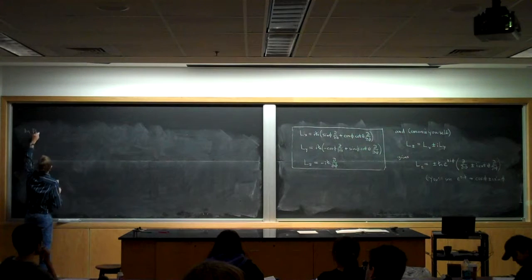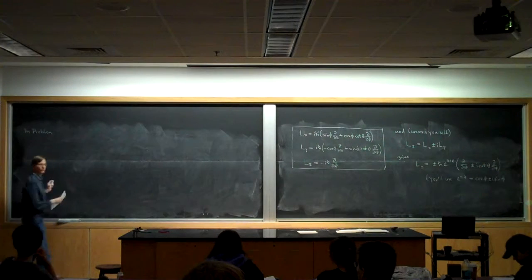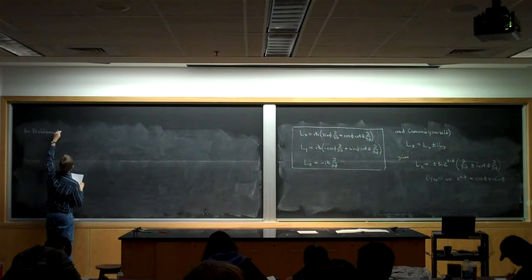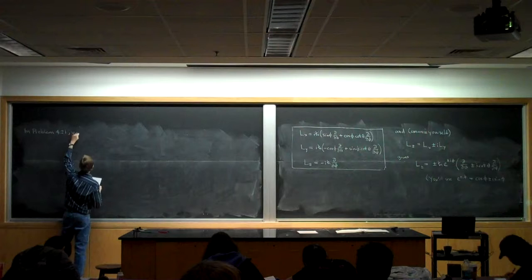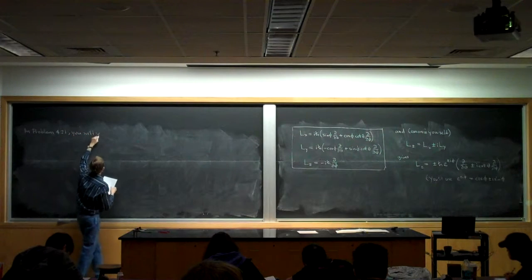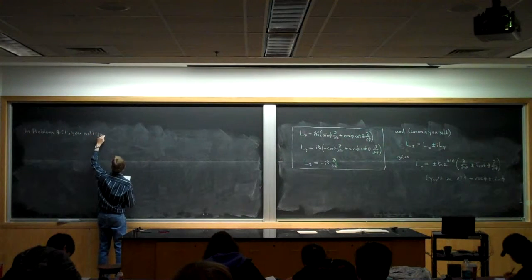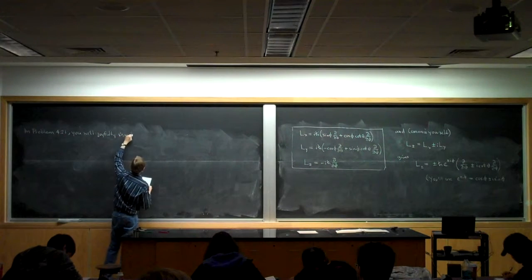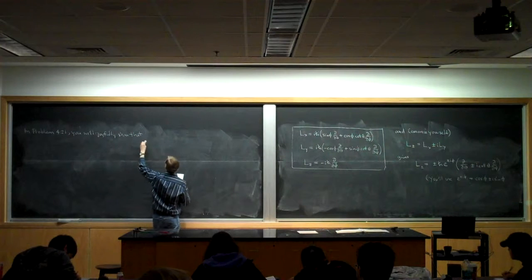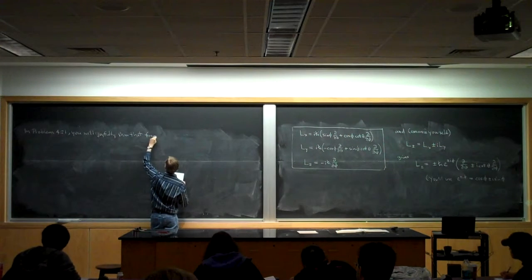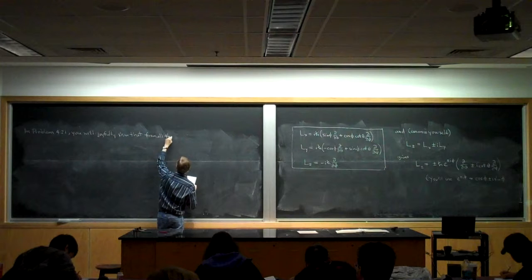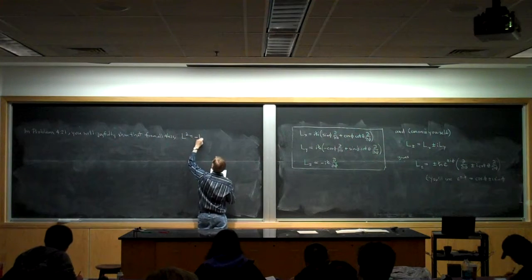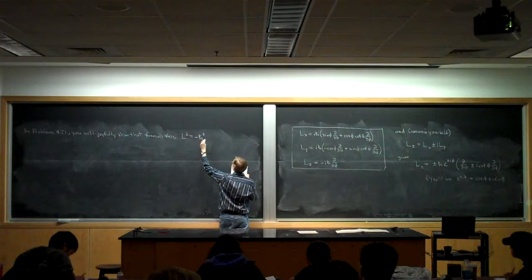In problem 4.21, which you're going to do after Thanksgiving break, you will joyfully show that from all this, the L squared operator is in fact what we claimed it was before, only now you'll have shown it.